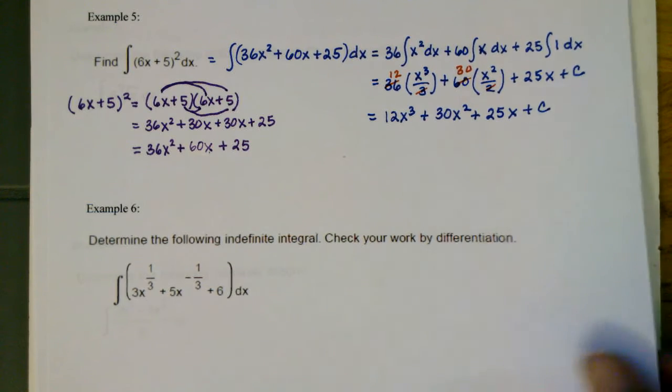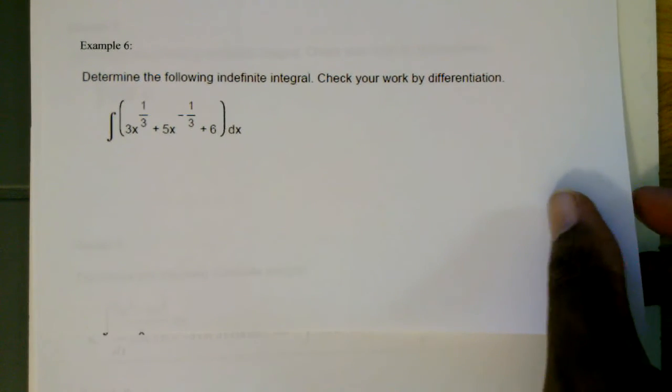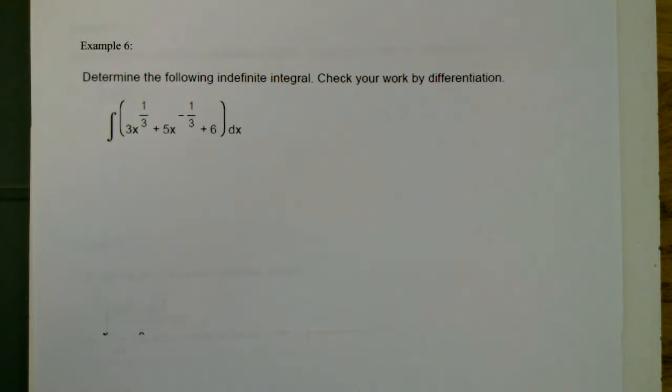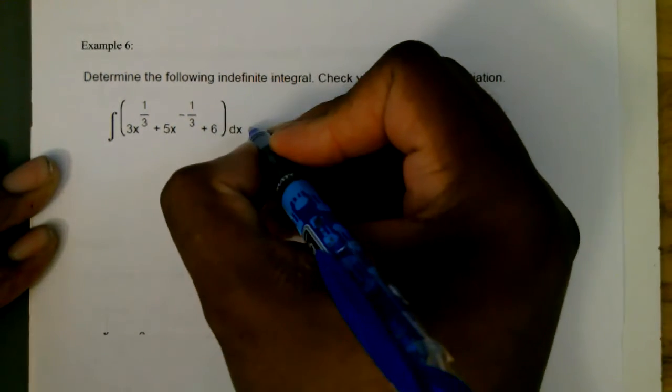All right, example 6 looks like this. Here we've got rational exponents. The integral of 3x to the 1/3 plus 5x to the negative 1/3 plus 6 dx. Okay, in this case, I'm going to go ahead and use the constant multiple rule and the sum rule all together.